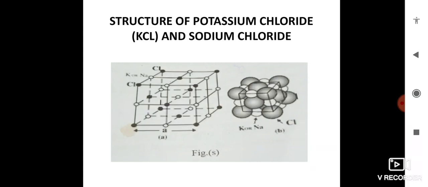Then consider the three planes 100, 110, 111 and take the interplanar spacing d. Then use Bragg's condition, n lambda equals 2d sin theta. The angles corresponding to the three planes are 5.22 degrees, 7.30 degrees and 9.05 degrees.